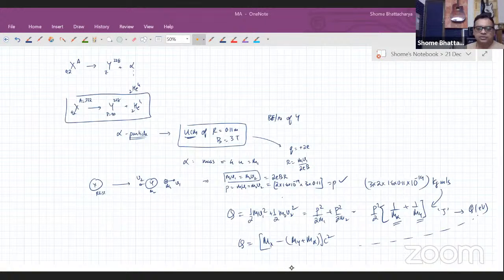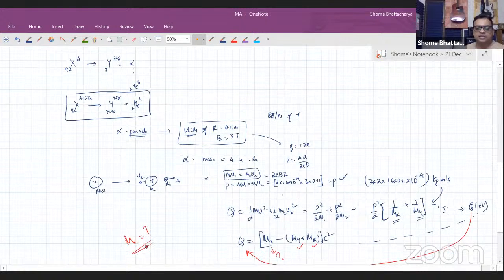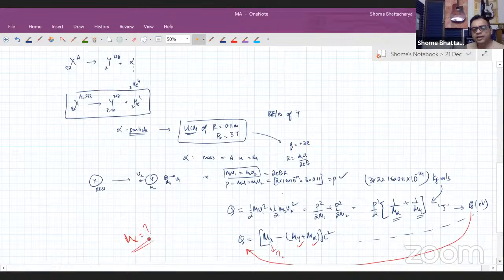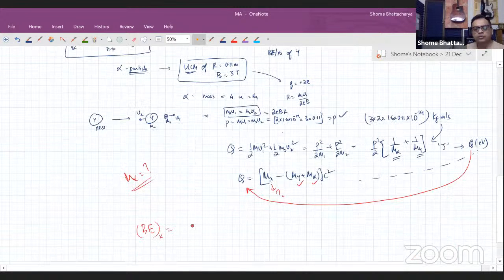Now equate the Q value with the formula in terms of mass defect. So you have calculated the Q value here, substitute this here, and this is unknown, these two are known, so you get Mx. Once you know Mx, from that you will get the binding energy. The binding energy for X will be equal to, it had what, 230, sorry, it had 92 protons and 232 minus 92 neutrons, so that's how much.